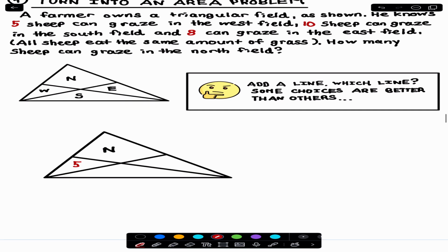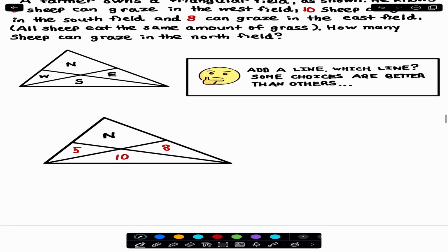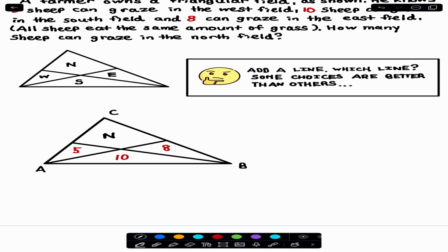That's 5, 8, and 10. I'm also going to put some labels, because if we have triangles, we want to refer to them by letters. So let's say triangle ABC. Let's call this D. Let's call this E. And let's call this section F.